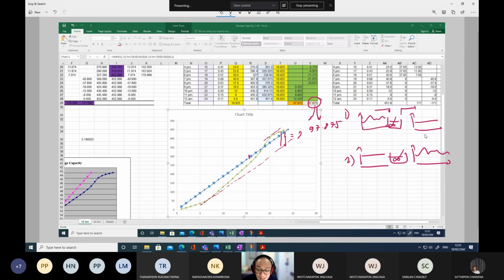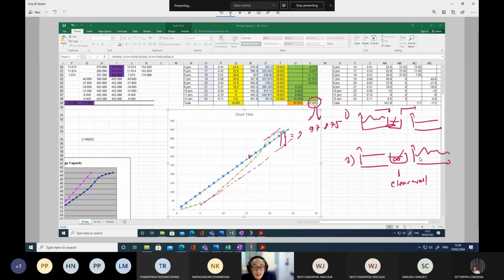Sometimes we need to design the storage to accommodate the variety of the demand. Sometimes we need to design the storage capacity with respect to constant flow rates like this. So for example, this one is a clear well.